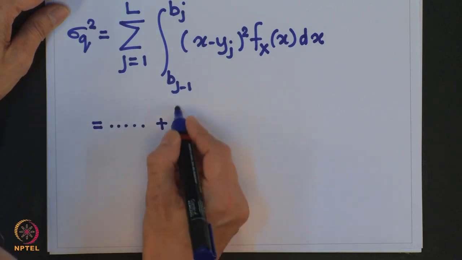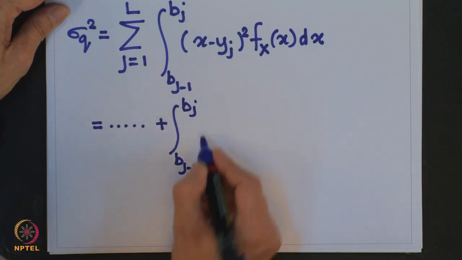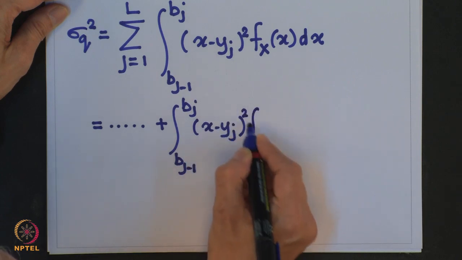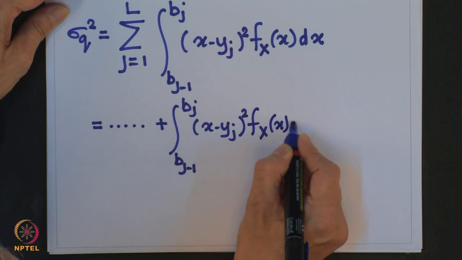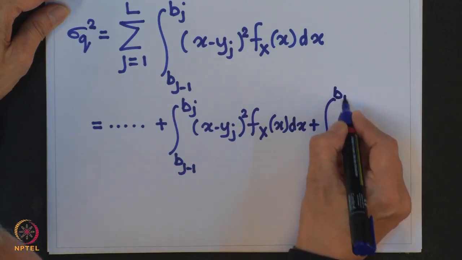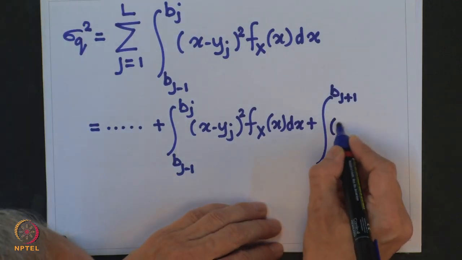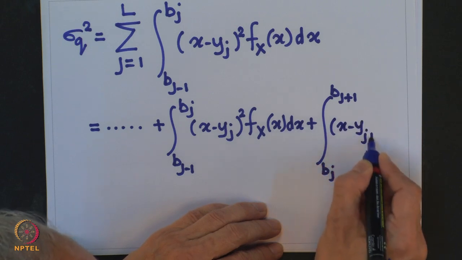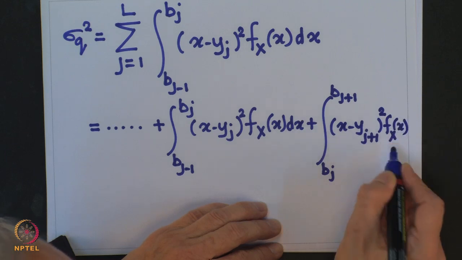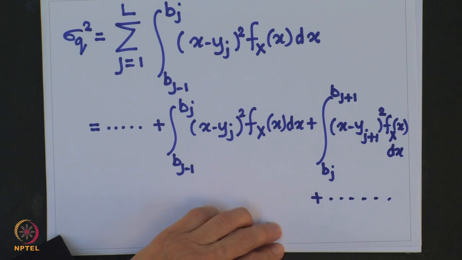There are some terms out here, plus you will have Bj minus 1 x minus yj squared plus, and there will be some other terms.